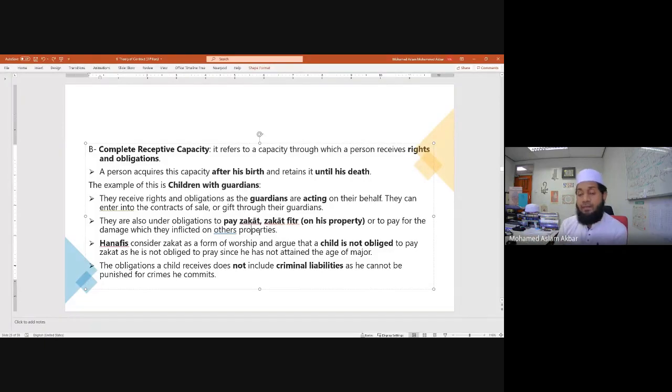So the guardians will handle the business, and the guardians also will pay zakat, because Khalid used to pay zakat for his business. So they will continue to pay zakat from the business. This is what we call the baby on his or her property. It is still under obligation to pay zakat and zakat al-fitr, and some other taxes as well. Is it clear?